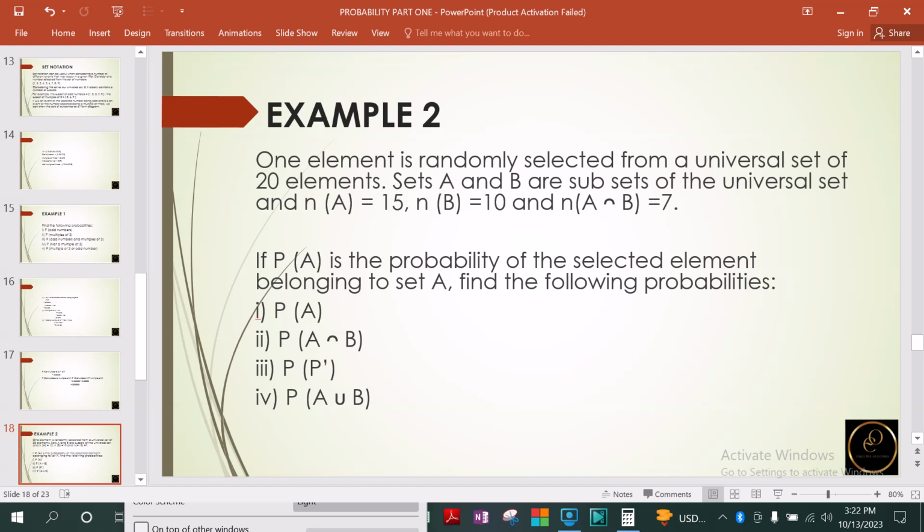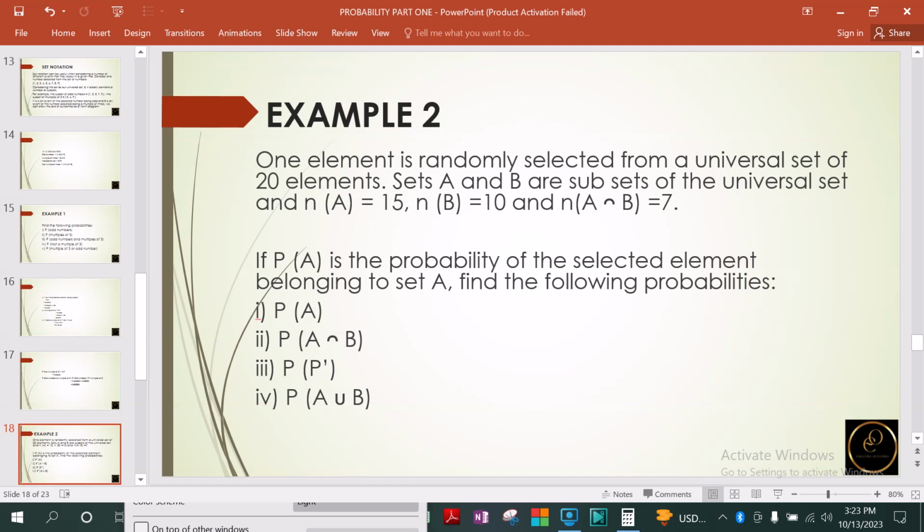So that is the statement given before us. Now you are asked, let the probability of A be the probability of the selected element belonging to set A. Find the following probabilities.